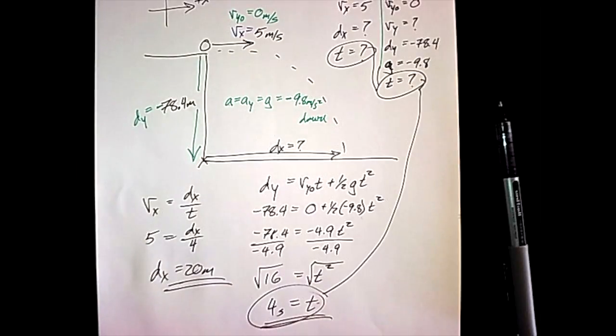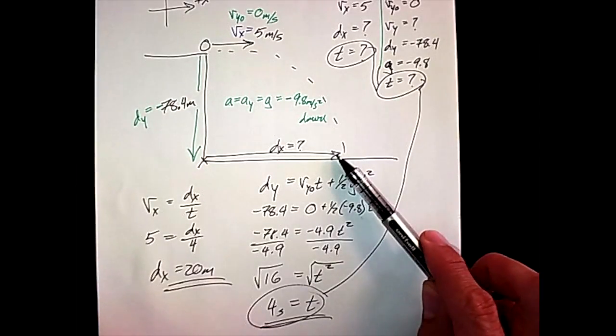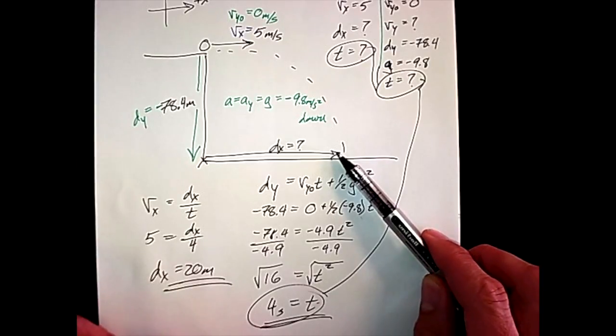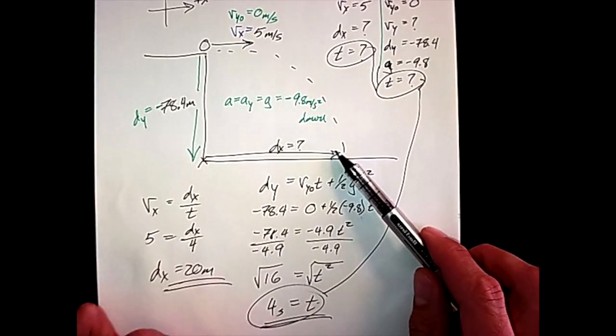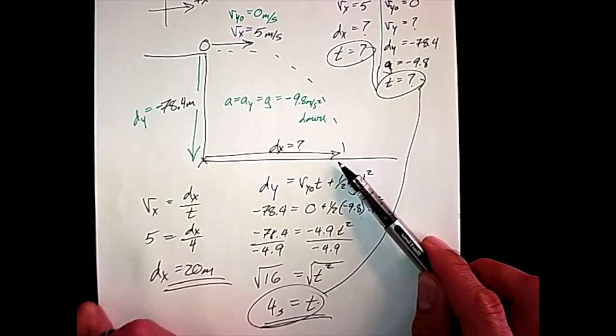The third question says, what are the horizontal and vertical components of the stone's velocity just before it hits the ground? Now here's the thing. What is the horizontal velocity just before it hits the ground? 5. Because it's 5 the whole time. Because the velocity would stay the same horizontally.